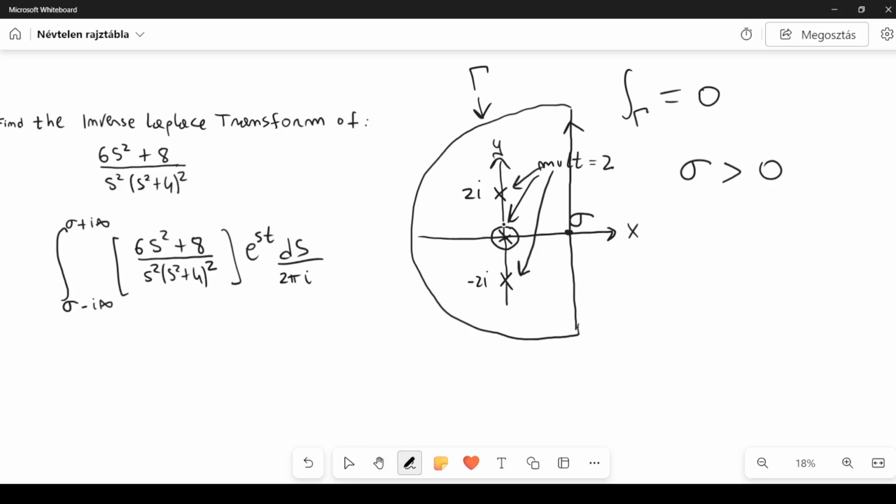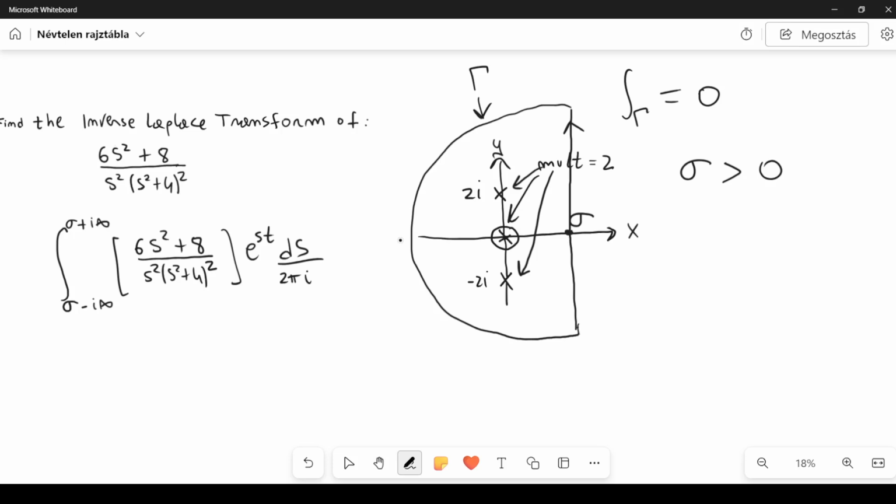Now, if we choose sigma less than 0, for example, it is quite easy to understand that we have something like this. We can close the contour like this, and we have nothing inside the contour. So it's as if we can use the residue theorem, and we can say, okay, the result is equal to 0, but that's not the correct result.